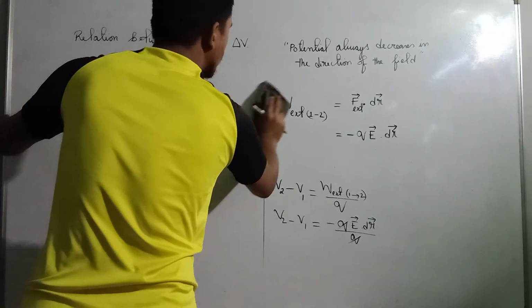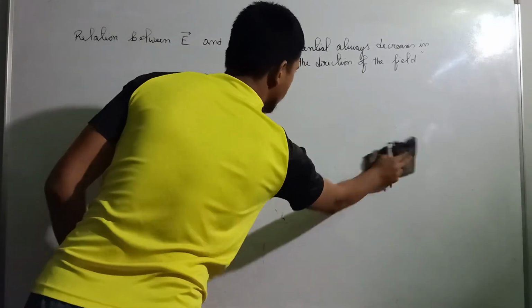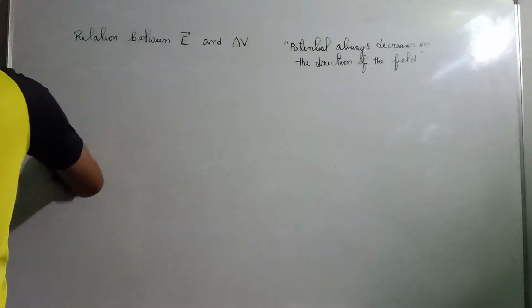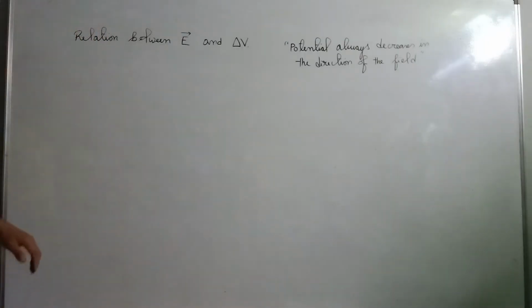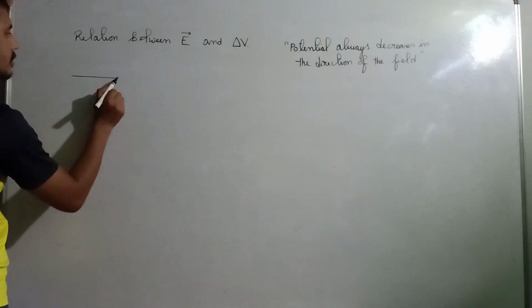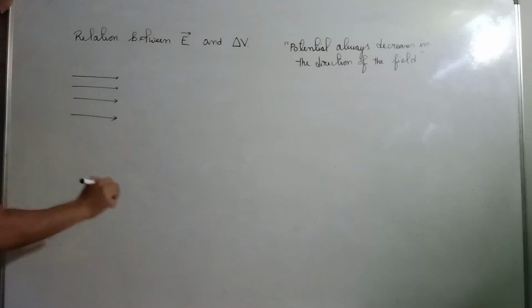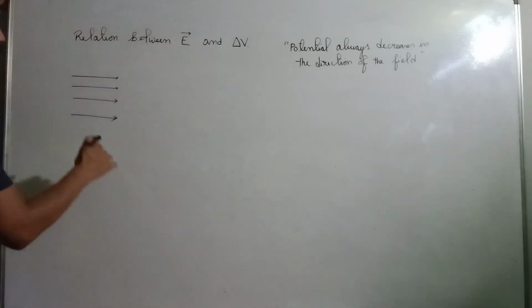So there will be a small question, and I'm going to give you choices on which is correct. What is the unit of electric field? Force per charge, so the unit will be newton per coulomb, right? So you have a uniform field. Your field is, let's say, 10 newton per coulomb.